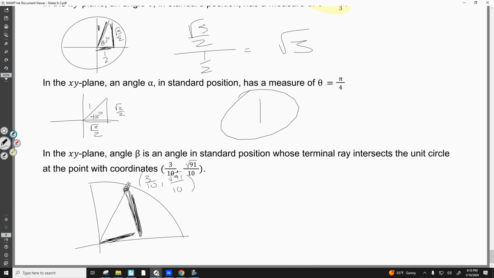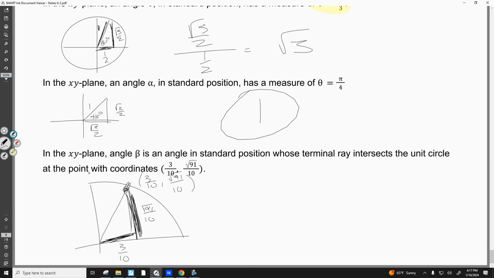You can create a triangle with coordinates. 3/10 is this length of a triangle. Root 91/10 is this length of the triangle. If you have a coordinate pair, you actually have a triangle if you want it. An x, a y, you can find your r if you wanted to using the Pythagorean theorem.